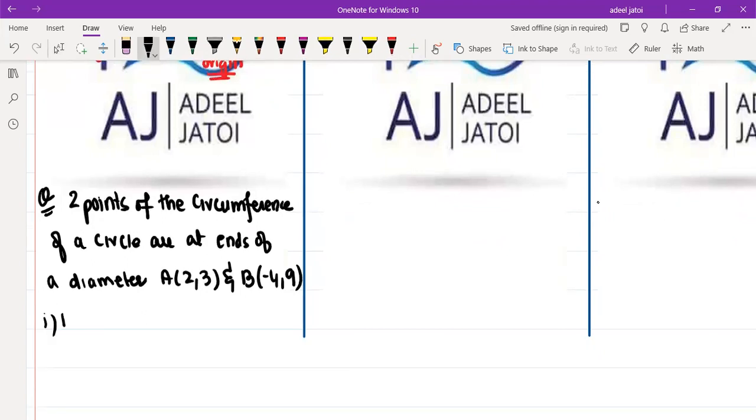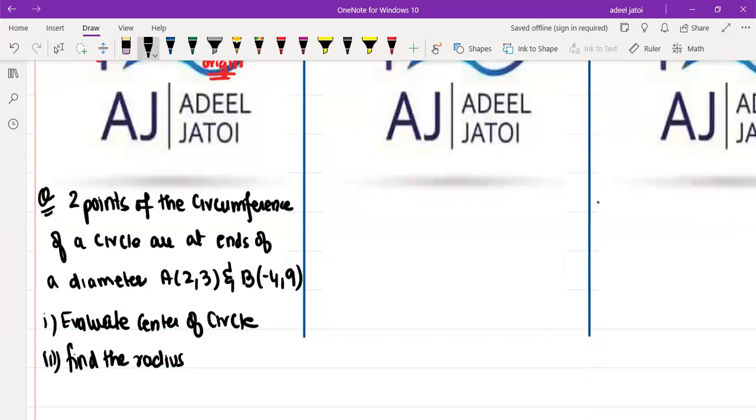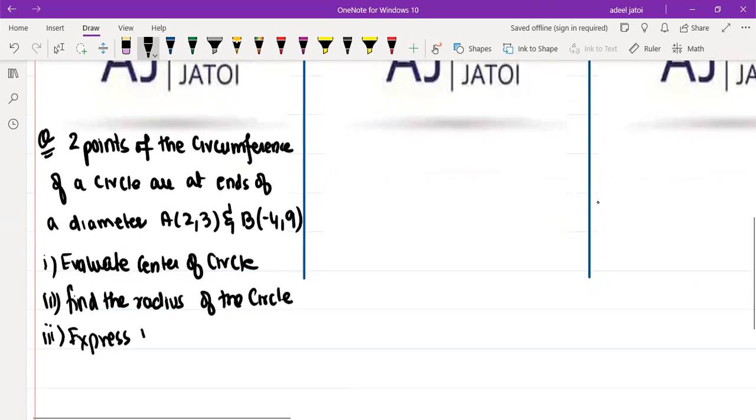Let's evaluate the center of the circle. Part 2, find the radius of the circle, and express the equation of the circle.